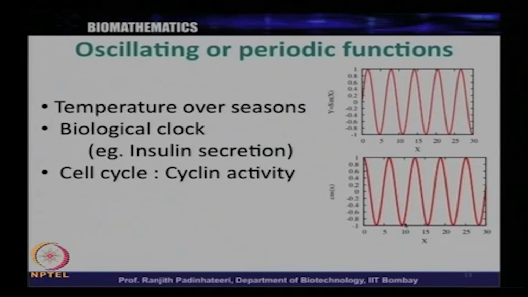In other words, the expression of many proteins, if you take it over the cell cycle, could again be a periodic oscillating function. For example, look at histone expression. Histone in S phase, just at the beginning of the S phase, a lot of histone is expressed because in the S phase DNA replication happens and then chromatin assembly has to happen.